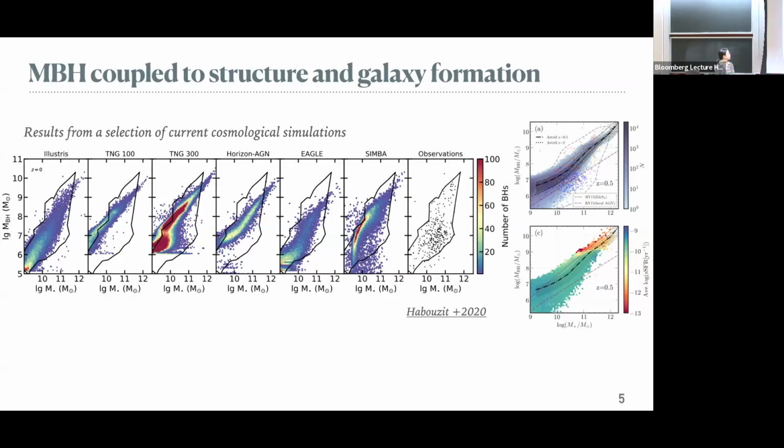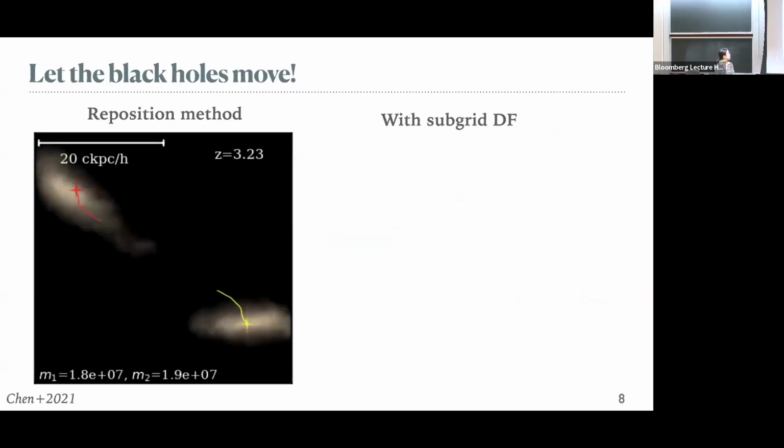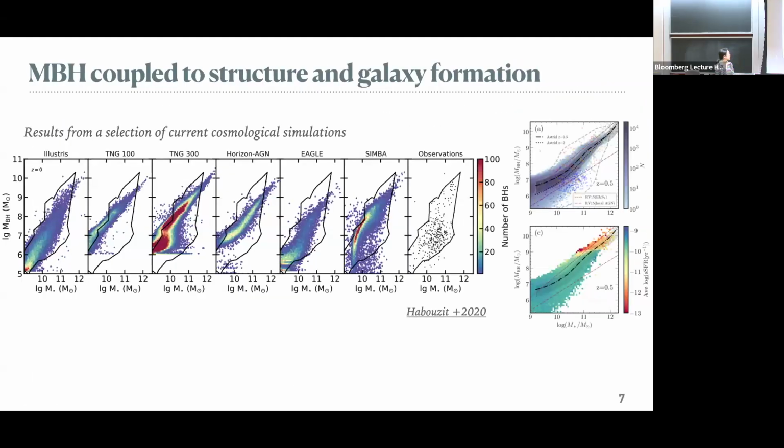Yeah, it's definitely possible. If you look at the observations here, these are the AGN population, and at the massive end are the elliptical galaxies.